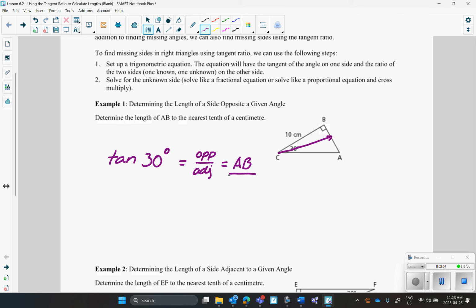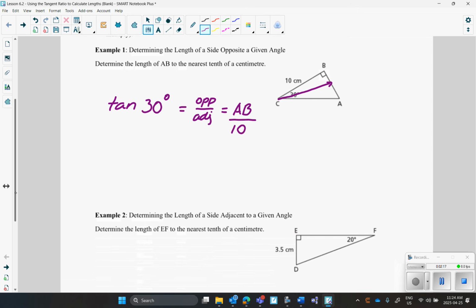Over, what's the adjacent side? Which is, we actually know it, 10. So there's our equation. I'll just rewrite it without the opposite over adjacent: AB over 10.